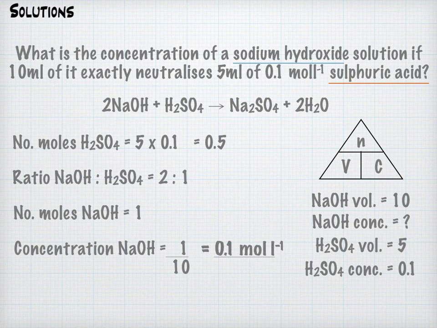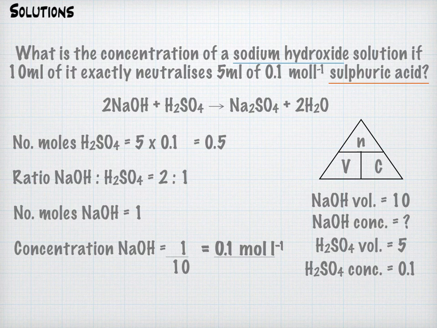If you're still worried about the whole using litres thing, just think what I'd have to do there is divide by 1,000 to get it into litres, and then multiply by 1,000 again at the end to get back into millilitres. So the two things would cancel out. Okay, so there's my answer, 0.1 moles per litre.